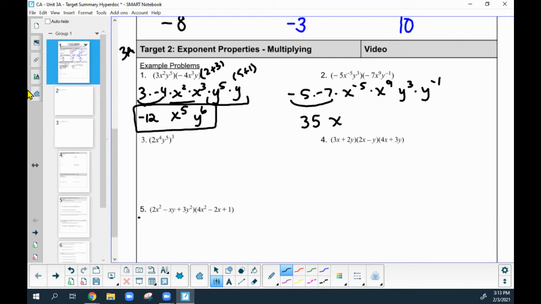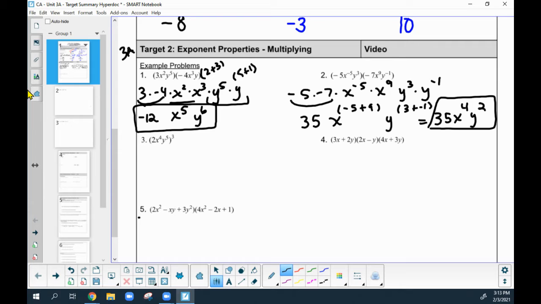But here you want to see this as counting. So you're going to write your addition up there if you need to. You might be able to do it in your head, but I like to write it out just in case, especially if you have numbers. So the 35 stays. We finished that. But now the x is a 4 and the y is a 2. So even though you felt like you were subtracting, the rule was really just counting what you had.